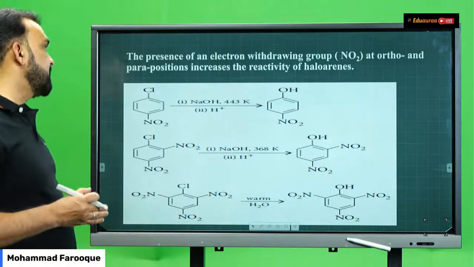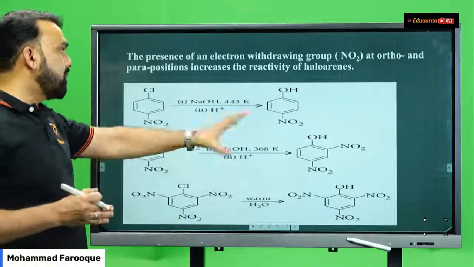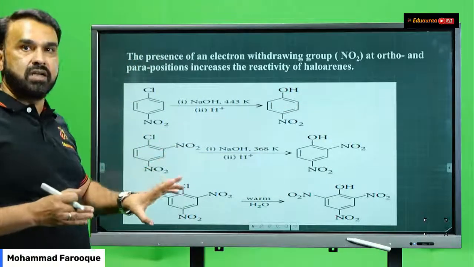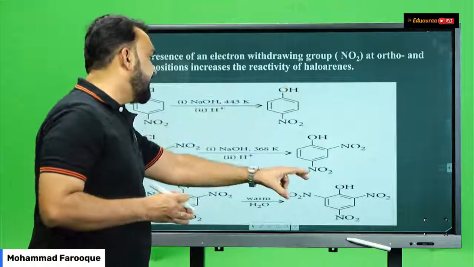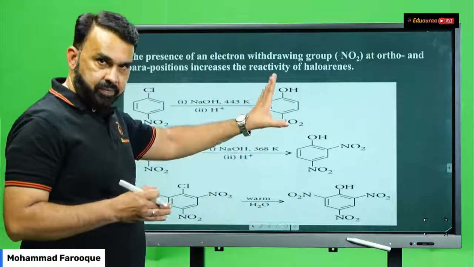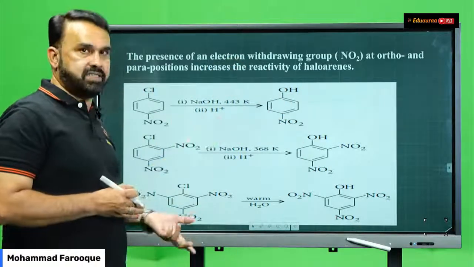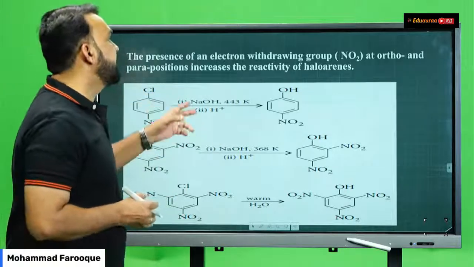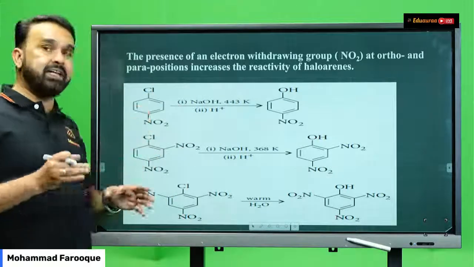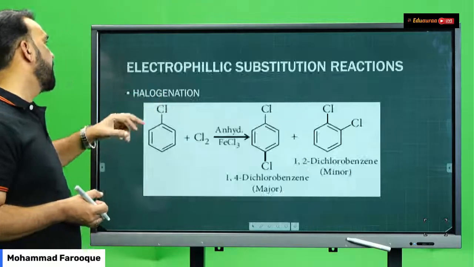The nitro group stays at its position, but the OH is attached at the para position. The presence of a nitro group increases the reactivity of the halogen.